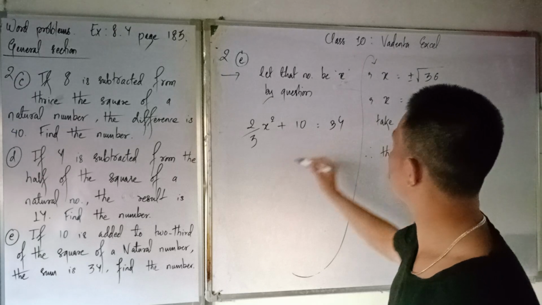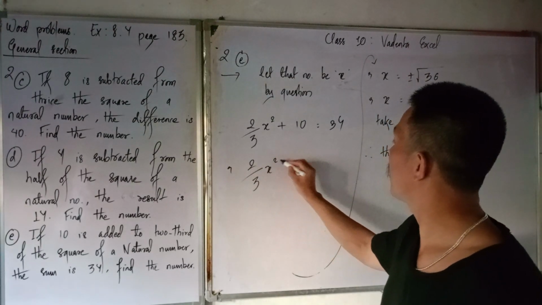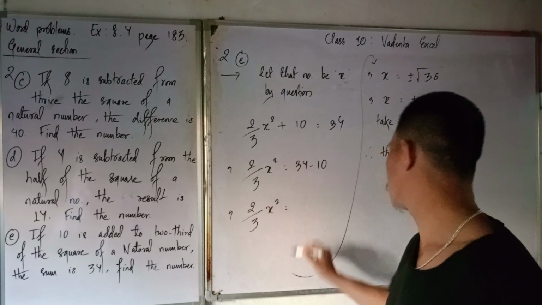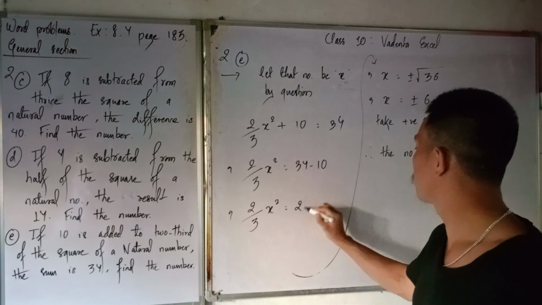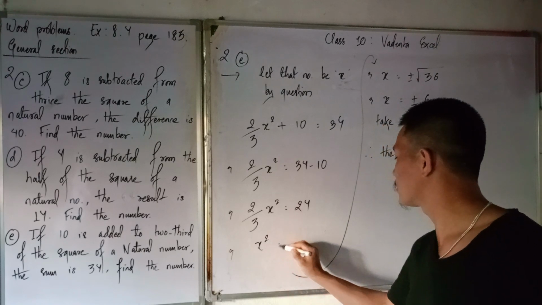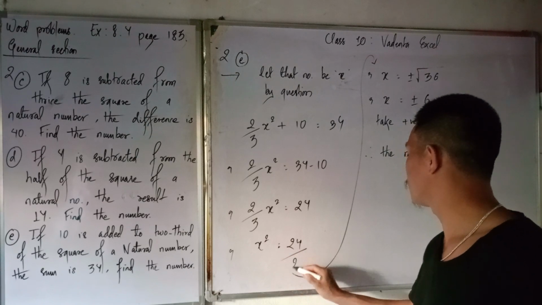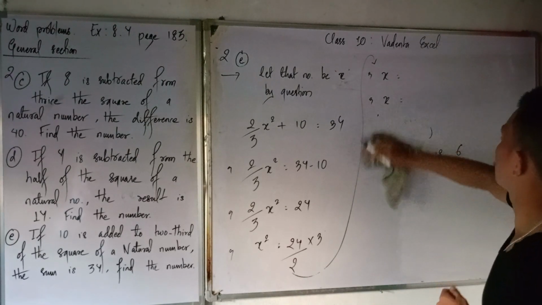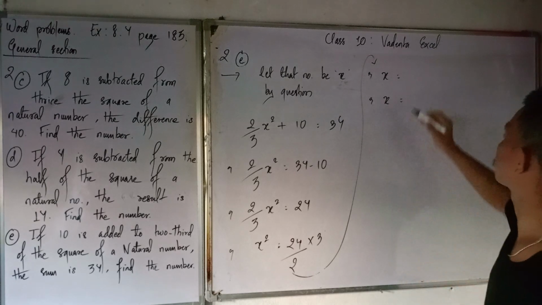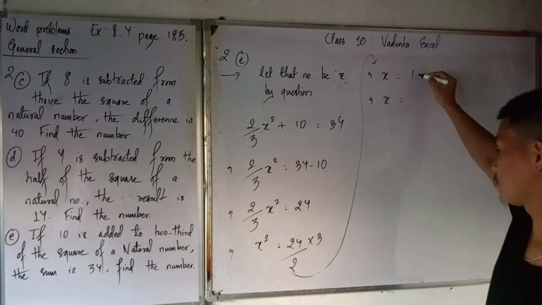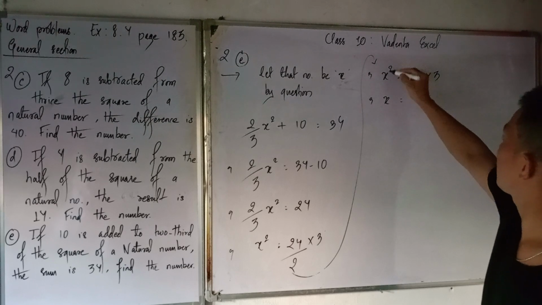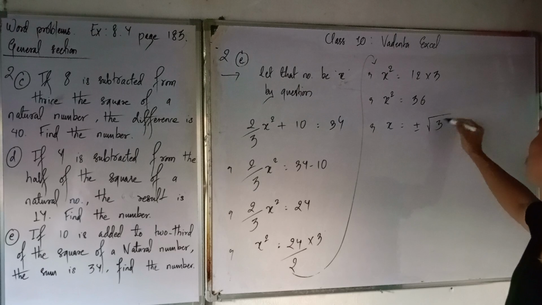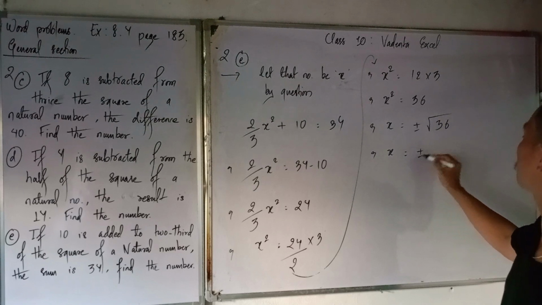Now just simplify. 2 by 3 x squared equals 34 minus 10, or 2 by 3 x squared equals 24, or x squared equals 24 divided by 2, and the 3 goes to the opposite side. 24 divided by 2 is 12, times 3, so x squared becomes 36, or x equals plus or minus root 36, or x equals plus or minus 6.